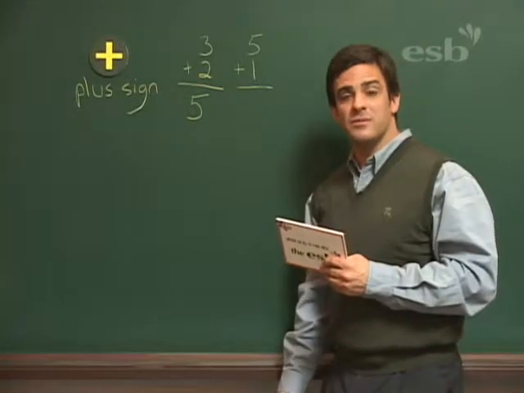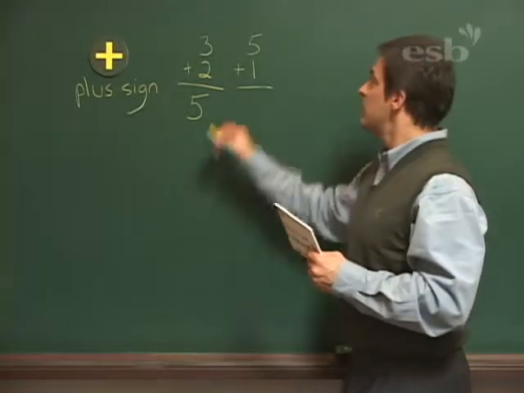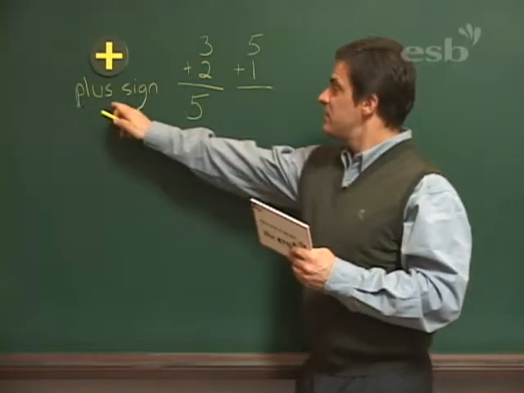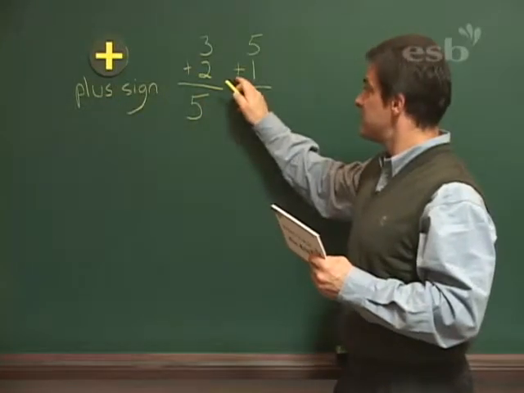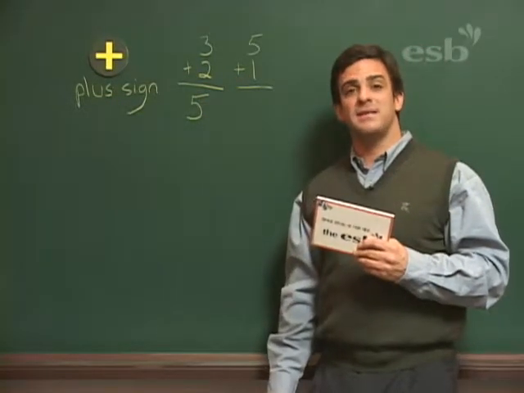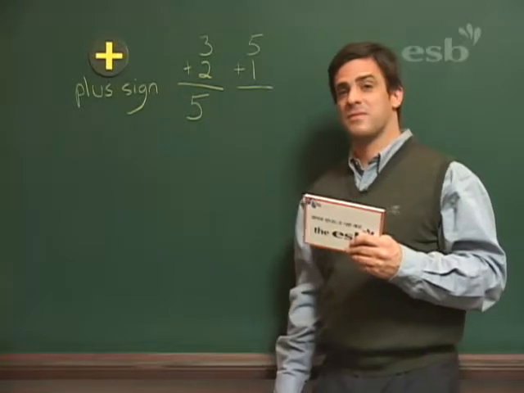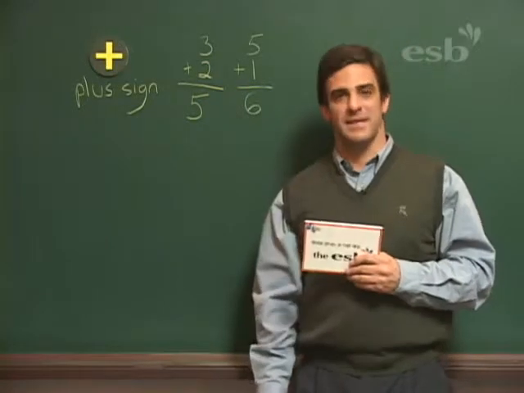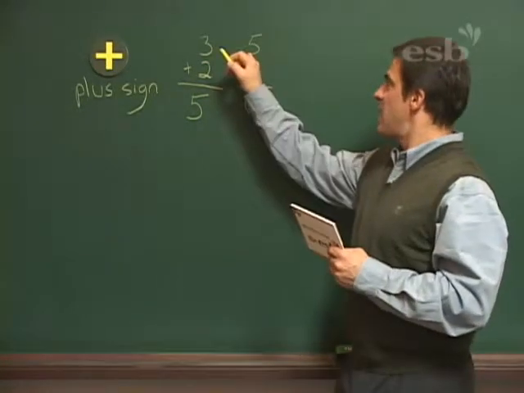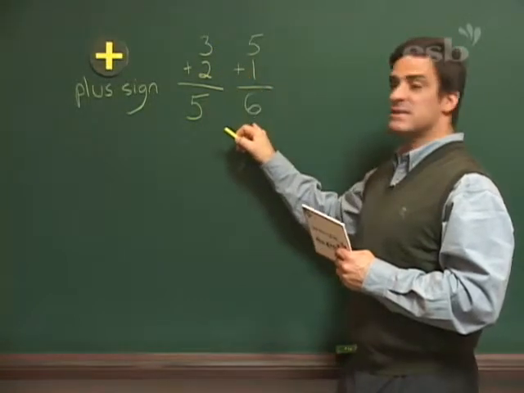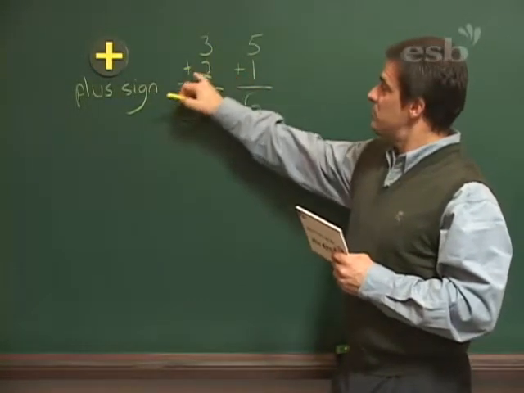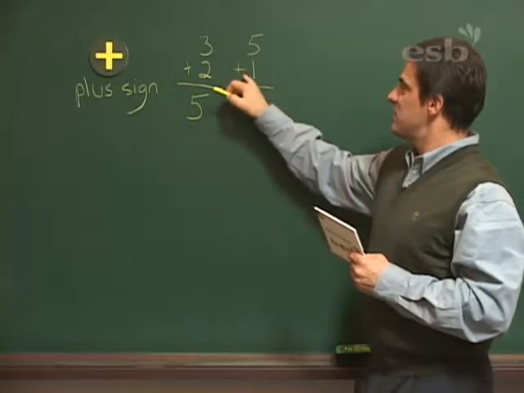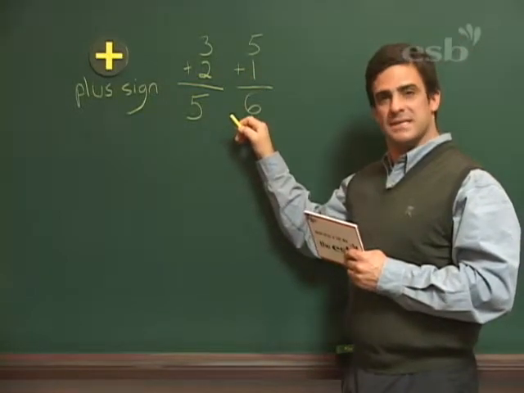Here's another problem. 5 plus 1. We will add these numbers up and down. 5 plus 1 equals 6. 3 plus 2 equals 5. 5 plus 1 equals 6.